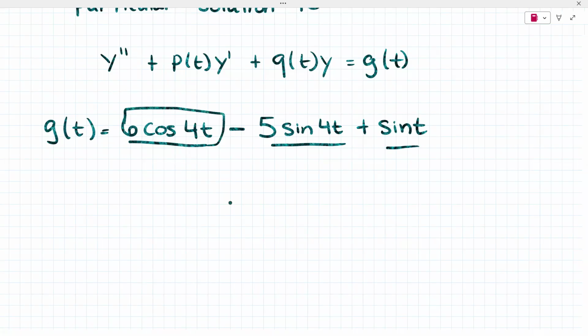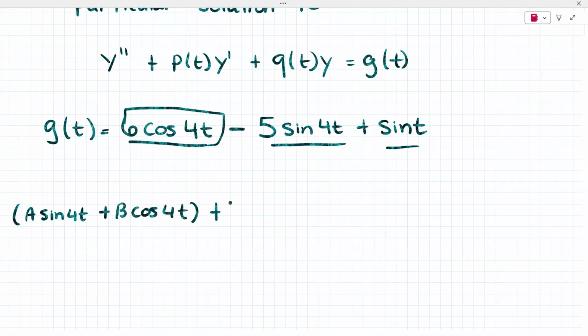6 cosine of 4t would be expressed as a sine of 4t plus b cosine of 4t, right? If you have a cosine, you're going to need a sine.